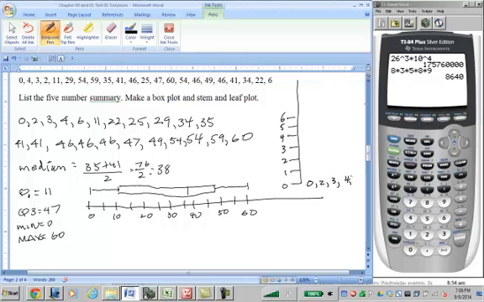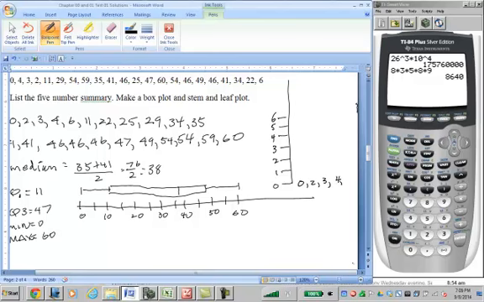That's it for the 30s. 41, 41, 46, 46. I'm going to run out of space. I got the 7. Yeah, I ran out. I have to move the whole thing over.